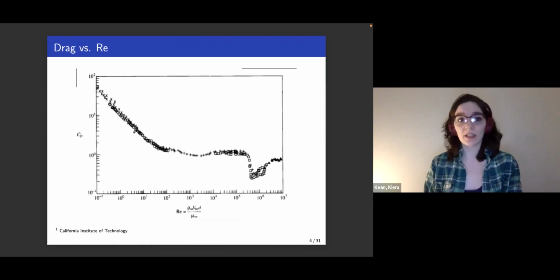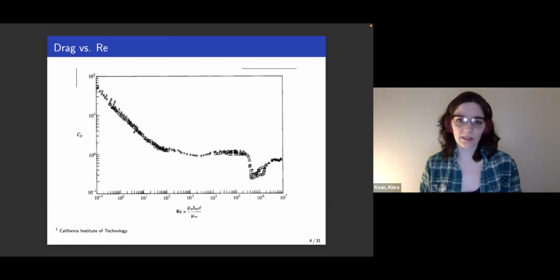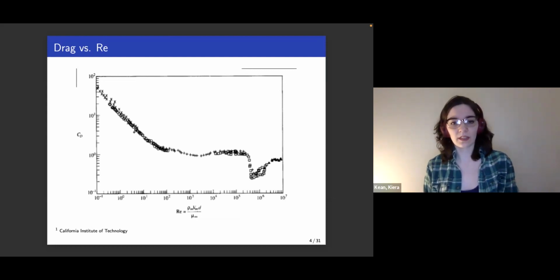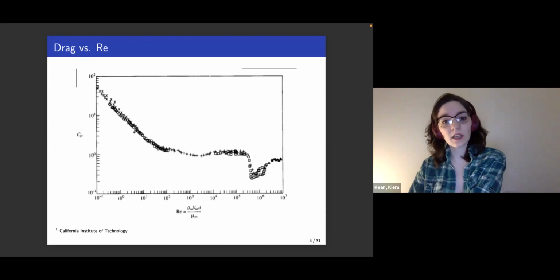So what I mean by this is kind of the behavior we should see. Drag is something that we can measure easily in a laboratory. So this is results of drag versus Reynolds number from actual experiments.